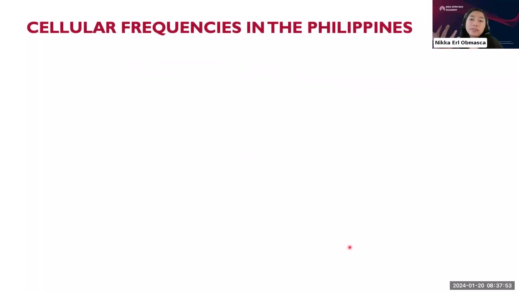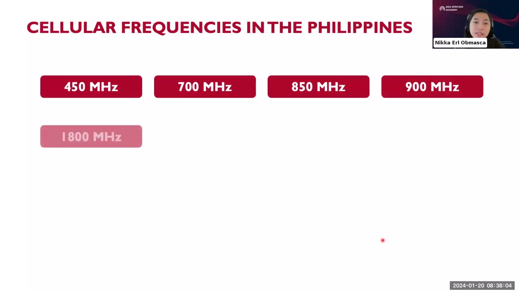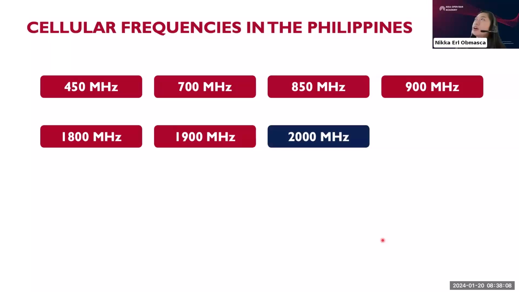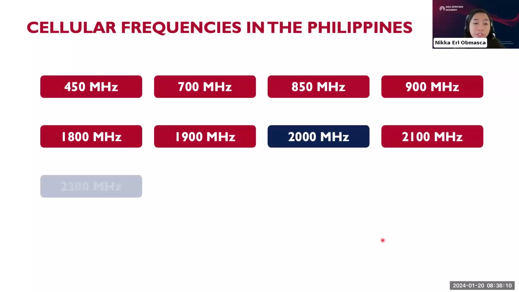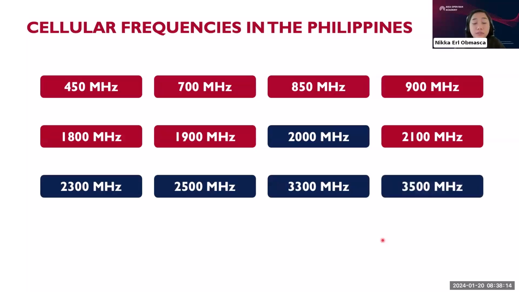What are the cellular frequencies available here in the Philippines? We have 450, 700 megahertz, 850, 900, 1800, 1900, 2000, 2100, 2300, 2500s, 3000s, and 3500s. As you can observe on your screen, there are two colors, the red one and the blue one.